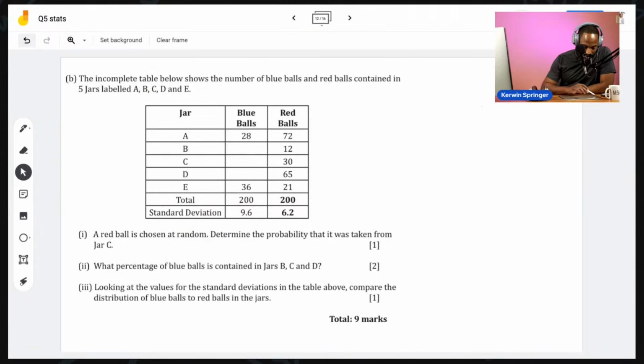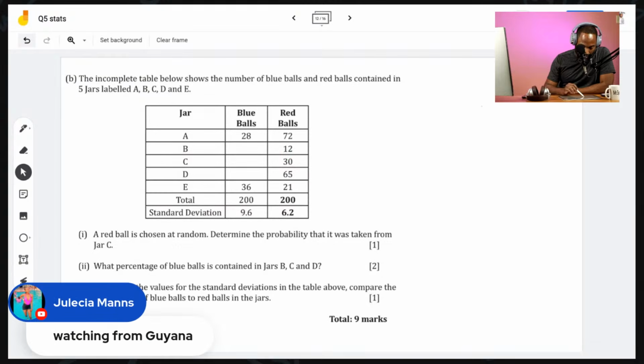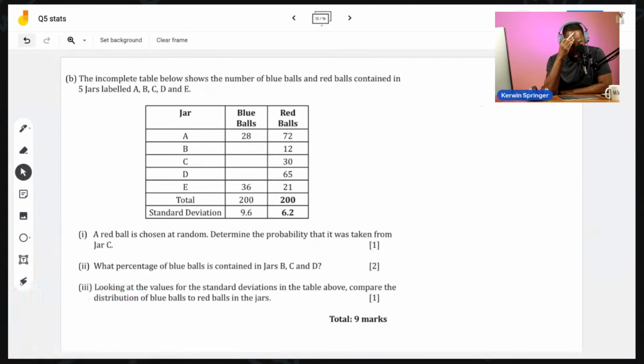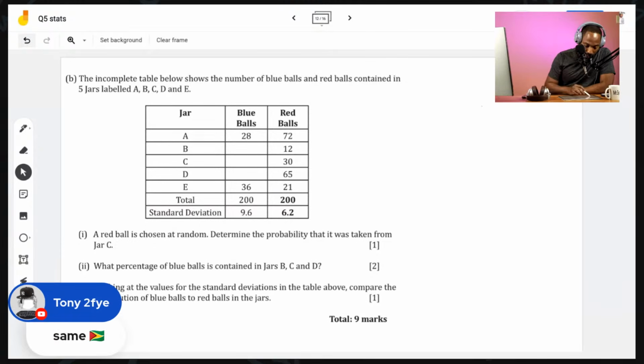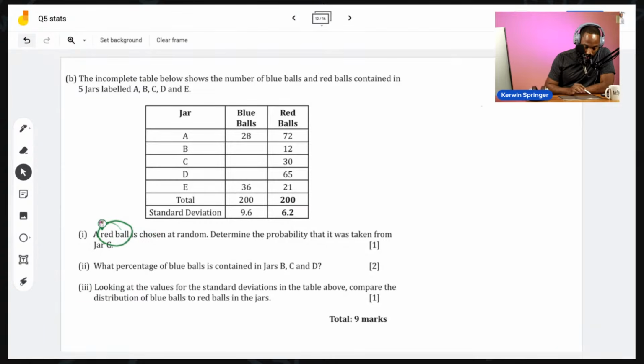Determine the probability that it is taken from jar C. Hold on, I don't really know what's going on in this question. It had 200 of them in total: 200 blue balls, 200 red balls, containing 5 jars. And we choose a red one at random.